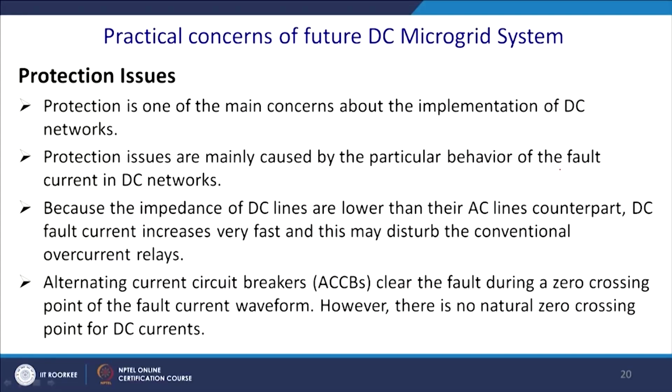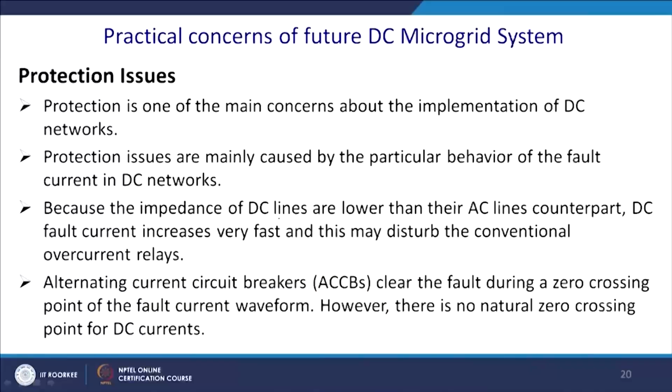Of course, this issue is quite challenging because in the AC case you have a zero crossing that is missing here, and thus you require more current carrying capability and more interrupting current capability to stop it. And because the impedance of the DC line is lower, this is also another demerit compared to the AC line counterpart.